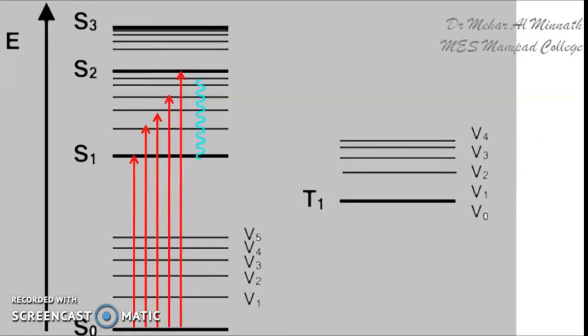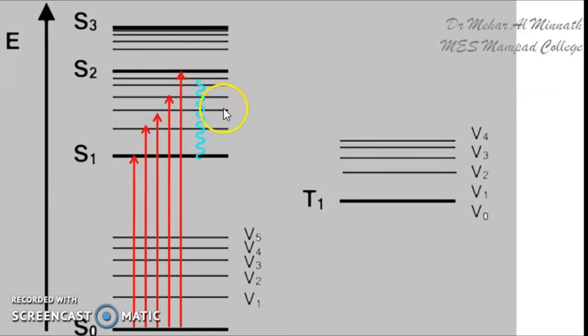Now, one way of relaxation is from the higher vibrational state, where the molecule or the electrons come down to the lowest vibrational state of the same electronic state. Okay, so from the higher vibrational energy level of the electronic state to the lowest vibrational energy level of the same electronic state. Now that's one particular type of relaxation.